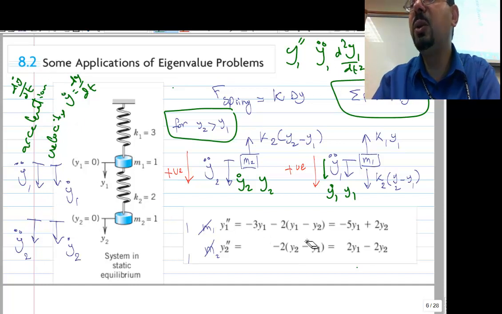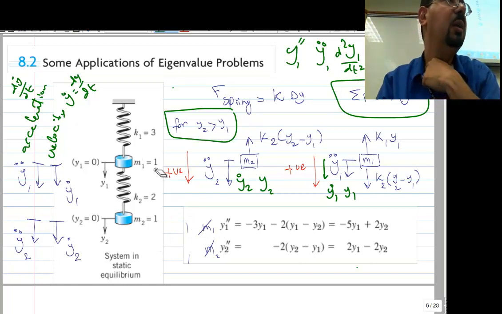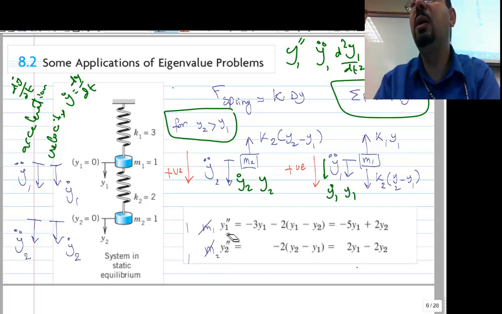Let's finish the numbers together, and by the way, m1 and m2 are just numbers. They could be anything, 5 and 3, 2 and 1. It turned out to be in this problem 1 and 1. So here is y1 double dot equal to minus 5 y1 plus 2 y2, and y2 double dot equal to 2 y1 minus 2 y2.